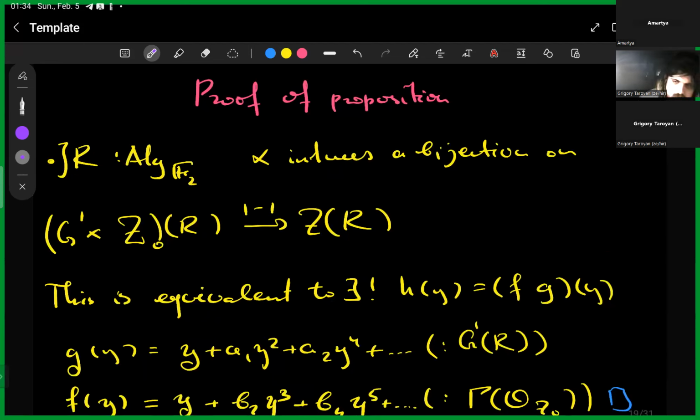Well, this isomorphism is equivalent to the fact that for any H on the right, there is a unique decomposition of H as a composition of F and G.